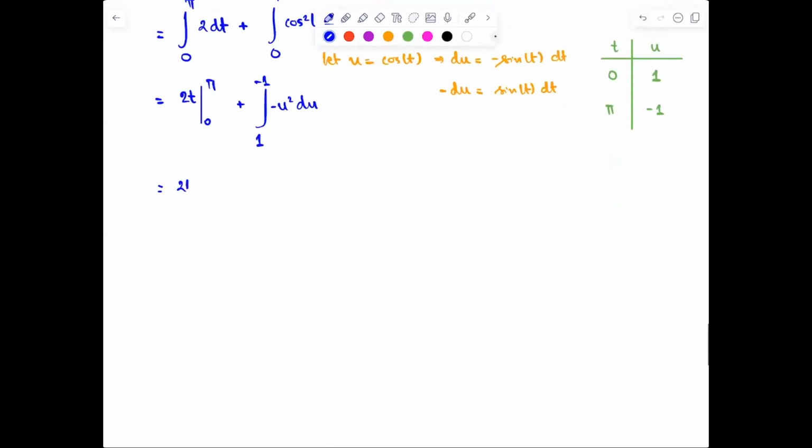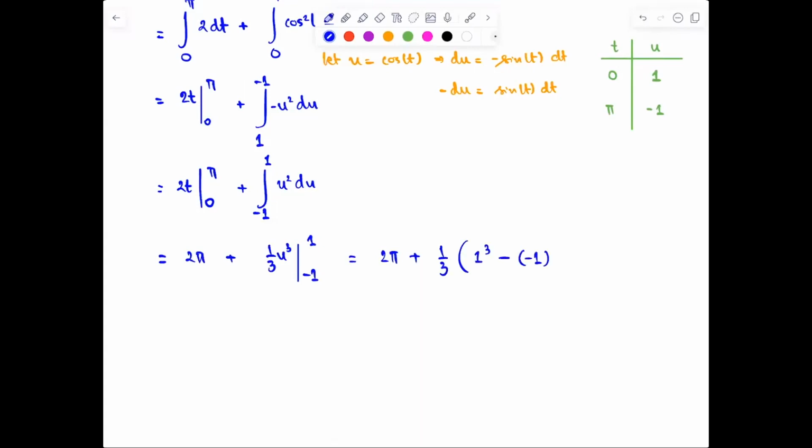So here you got 2t evaluated at 0 and pi plus the integral from negative 1 to 1 of u squared du. Or this is 2 pi plus 1/3 u cubed from negative 1 to 1, or 2 pi plus 1/3 times 1 cubed minus negative 1 cubed, or 2 pi plus 2/3 unit squared.